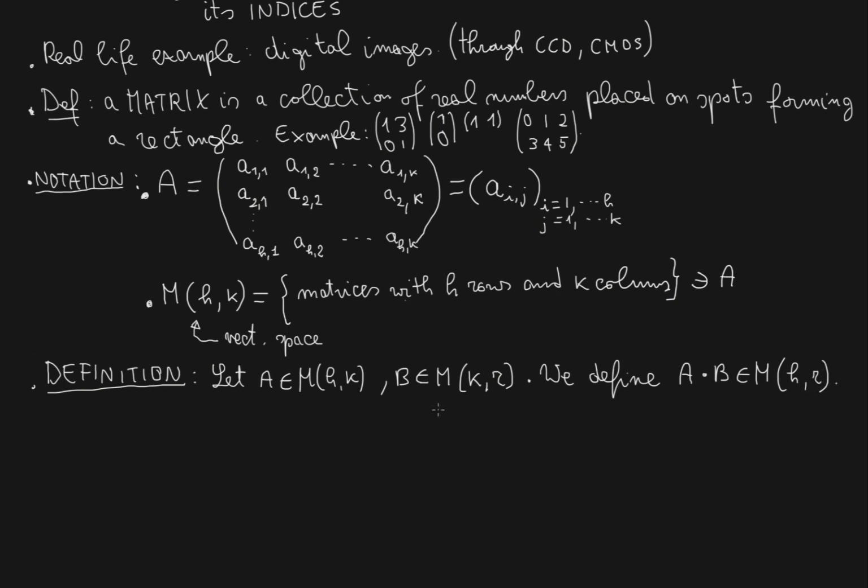How do we define this operation? Since the operation will be using the coefficients of each of these matrices, we have to introduce the notation for them. So A will be Aij, and the matrix B will be bij.